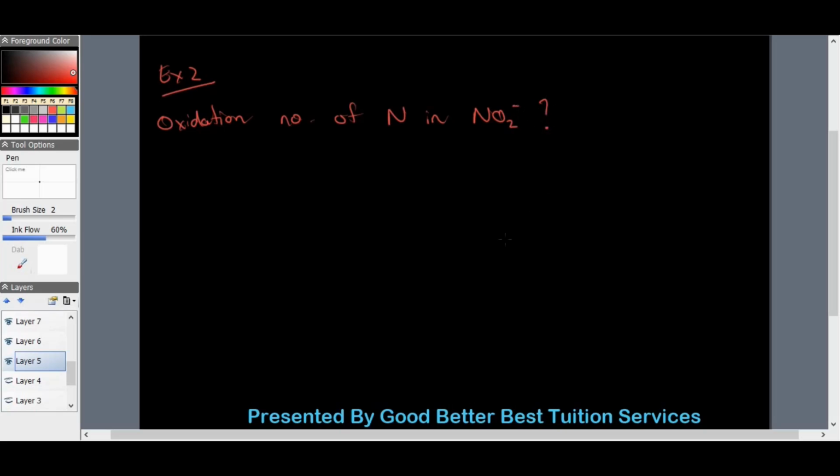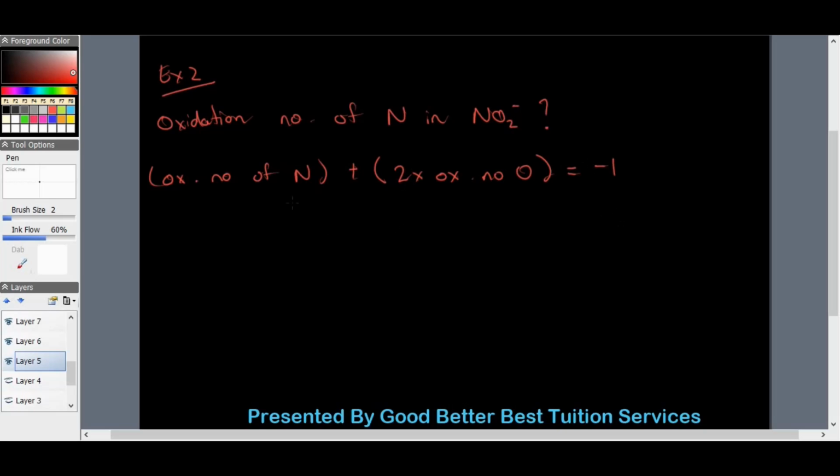Let's approach it the same way. Basically, the oxidation number of nitrogen plus the oxidation number of oxygen, in this case there are 2, so twice that of the oxidation number of oxygen, must equal negative 1.